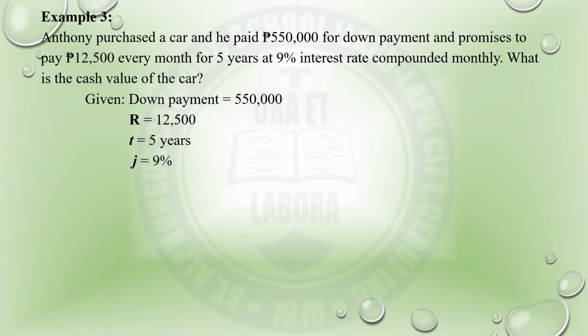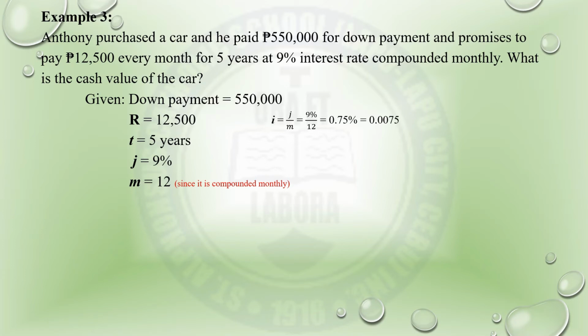J, or the interest rate, is equal to 9%. M, or the conversion period, is equal to 12. So, we have to get the value of I, which is our interest rate per conversion, and it is J over M. So, substitute the values of J and M, and they are 9% over 12.